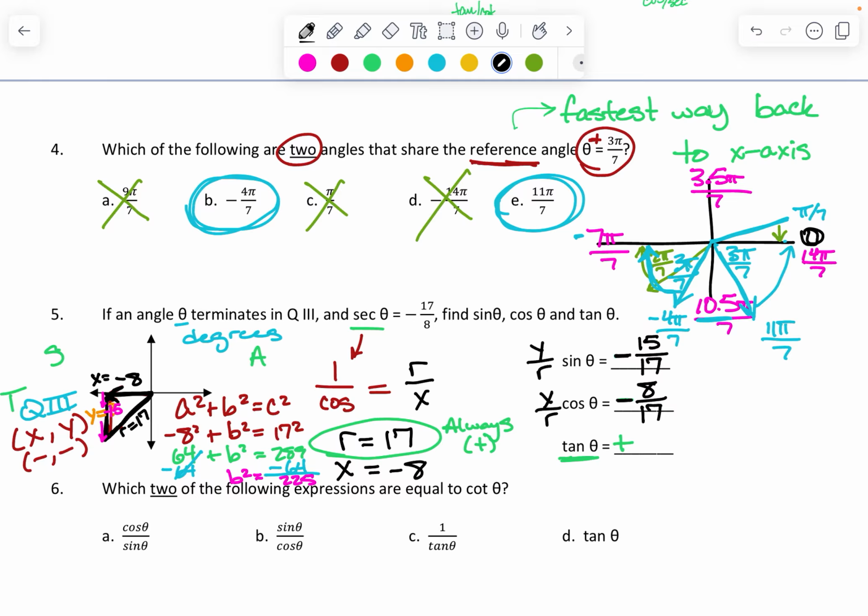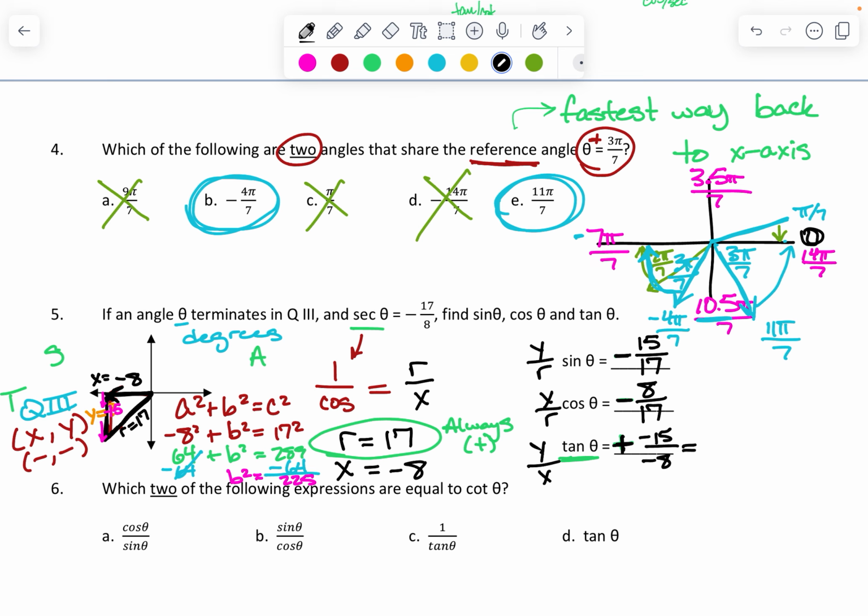And then lastly, we're going to get our tangent. Tangent is y over x. So in this case, I've got a positive out here, but x is negative 8 and y is negative 15. Or excuse me, I wrote those backwards. I wrote x and y. Sorry. Y is negative 15, x is negative 8.